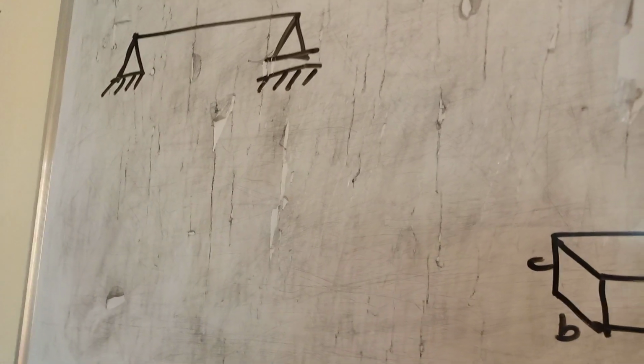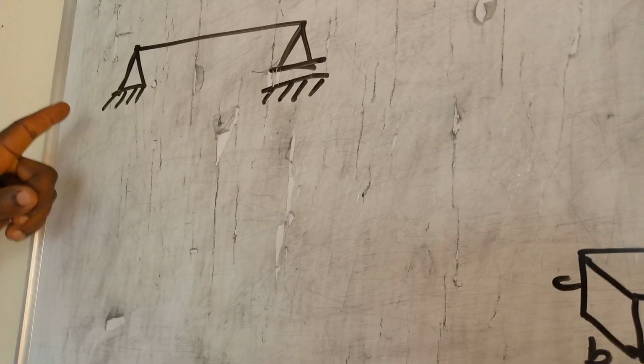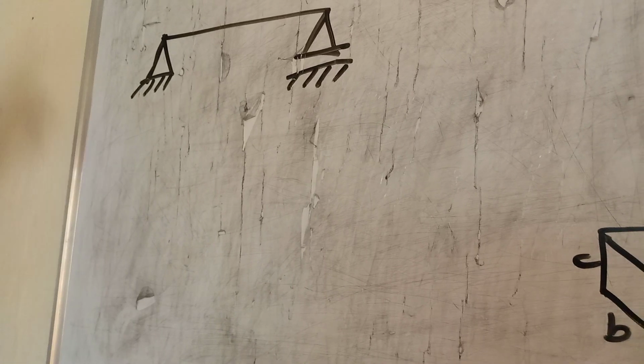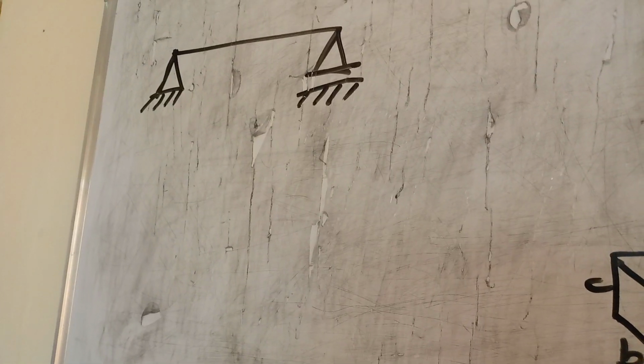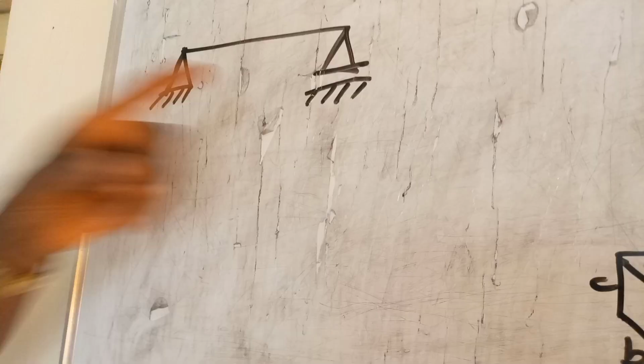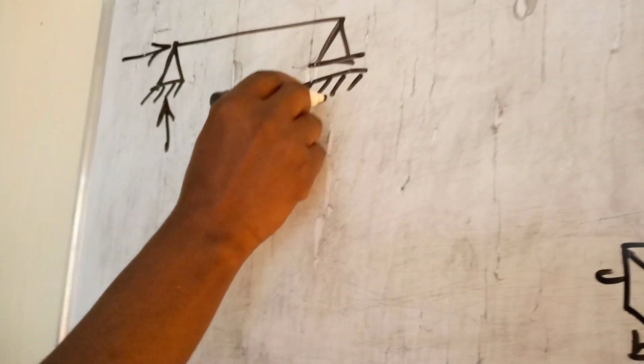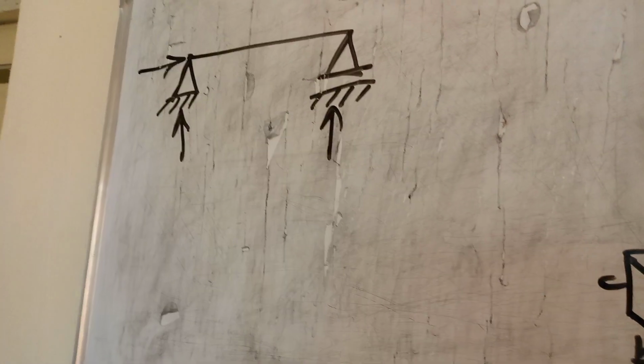It's supported by a hinge support, the one that has only two reactions, horizontal and vertical, while the other support, the roller, has only a vertical reaction.